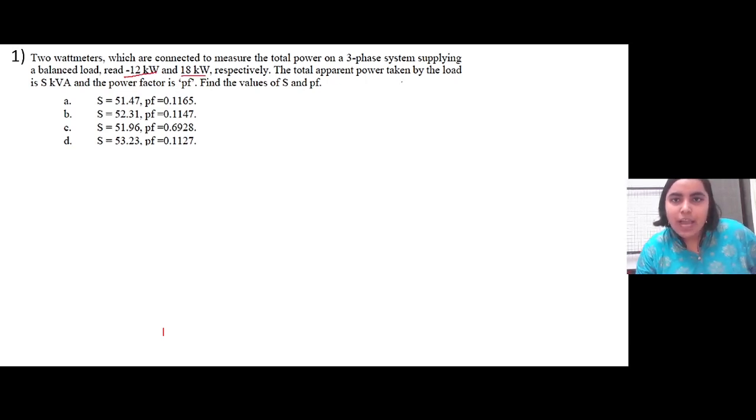The total apparent power taken by the load is S, and the power factor is PF, and we have to calculate this power factor and S.